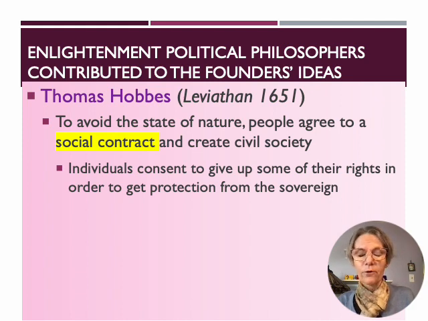He's not arguing for democracy. He's saying that we need to have people agree to a sovereign who is going to protect you and provide this safe space for you to live, and that there are certain things that we ask the sovereign to do in return. It's this social contract.